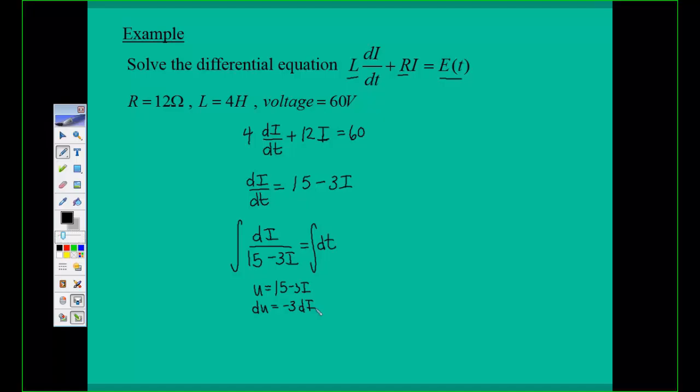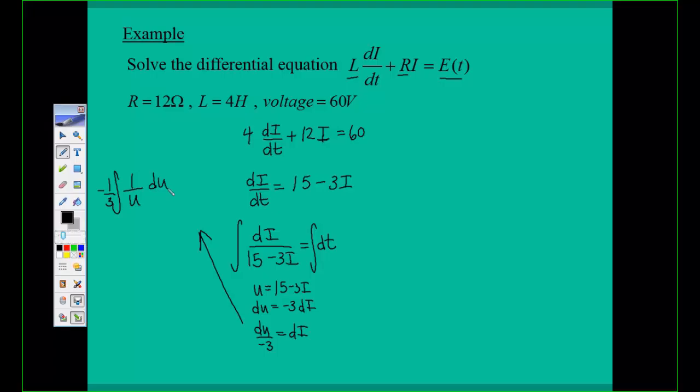And we don't need that negative 3, so let's divide that. And now we can rewrite this integral in terms of u. We would have negative 1/3 times 1 all over u du.